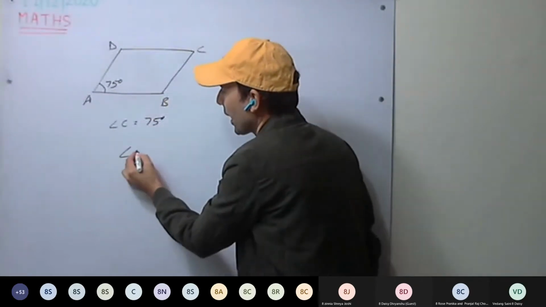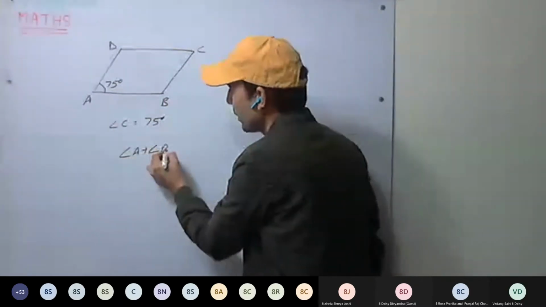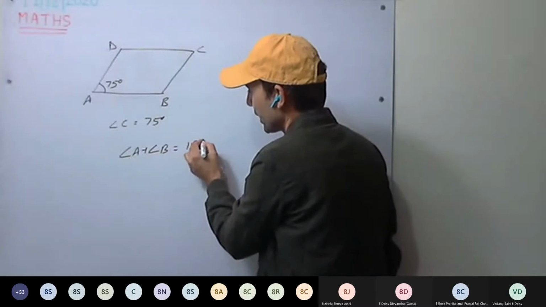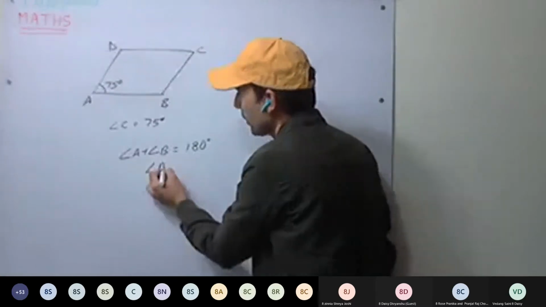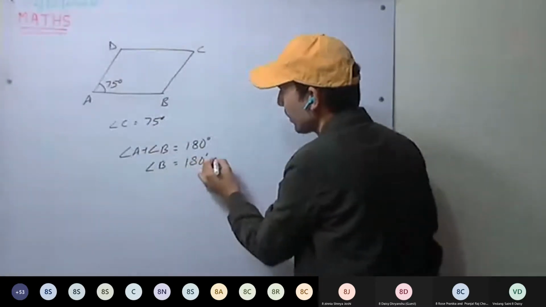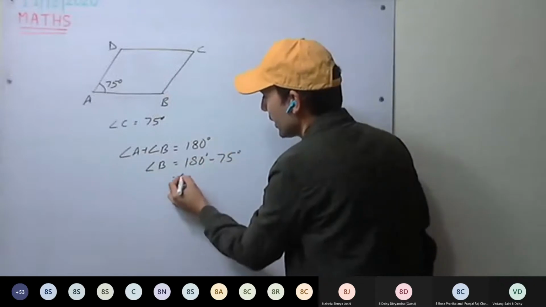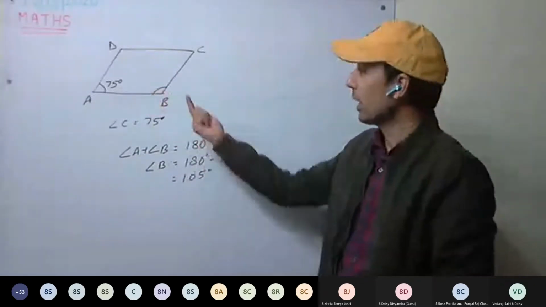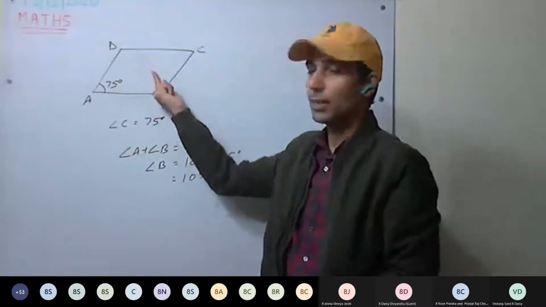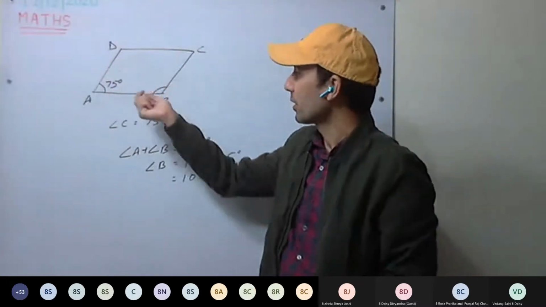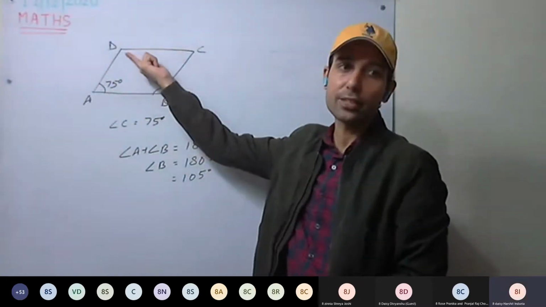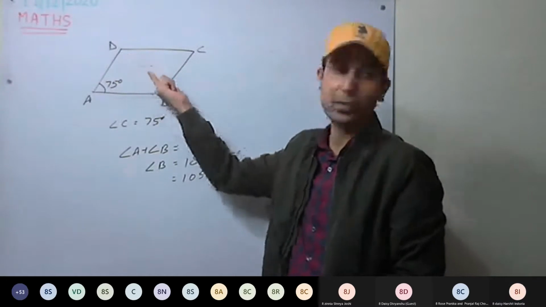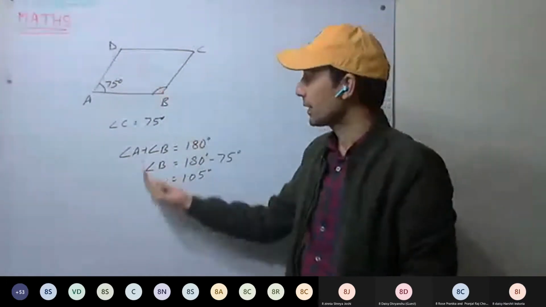That means angle A plus angle B equals 180 degrees. So angle B equals 180 degrees minus 75 degrees, which is 105 degrees. Now again, by opposite angles, angle D is also 105 degrees, because opposite angles are equal in a parallelogram. Is this clear?